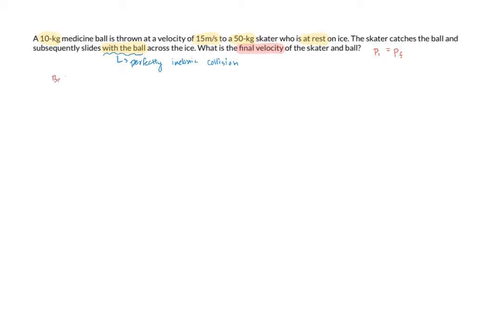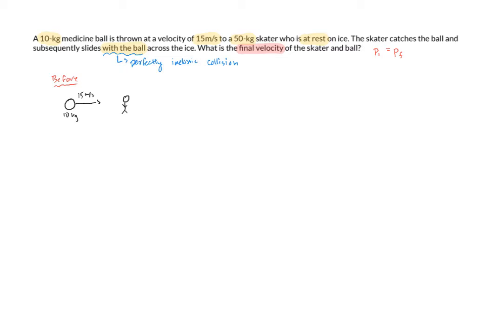So before, I have my 10-kilogram medicine ball. I'm going to go ahead and draw the mass outside of it because I don't have space in it. And it's being thrown at a velocity of 15 meters per second at a 50-kilogram skater.